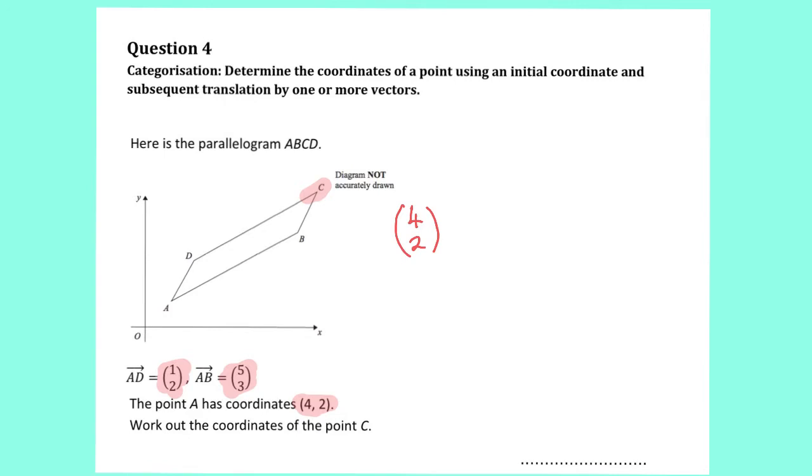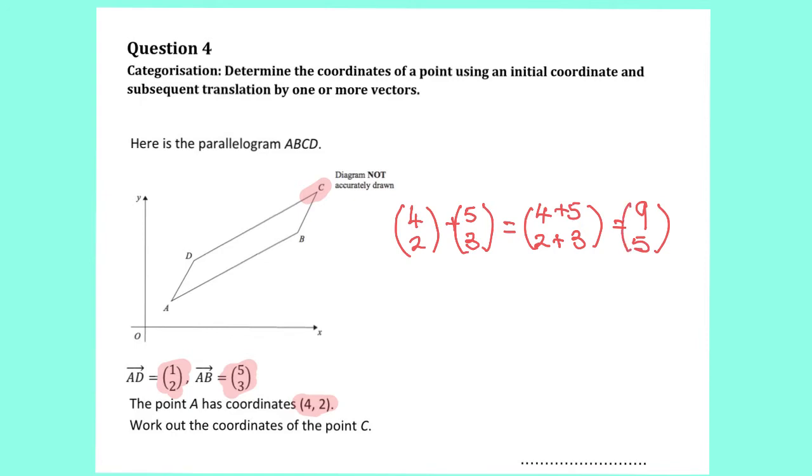We move along the vector AB, so we need to add (5, 3), which is equal to (4 plus 5, 2 plus 3), which is equal to (9, 5).